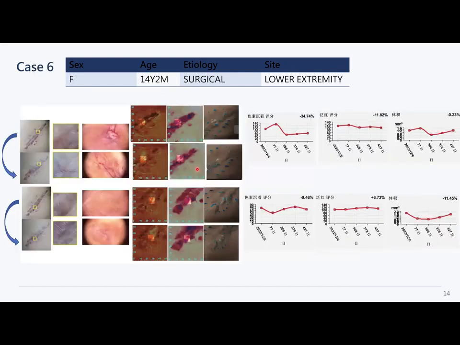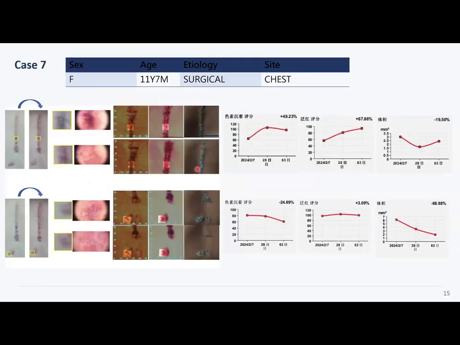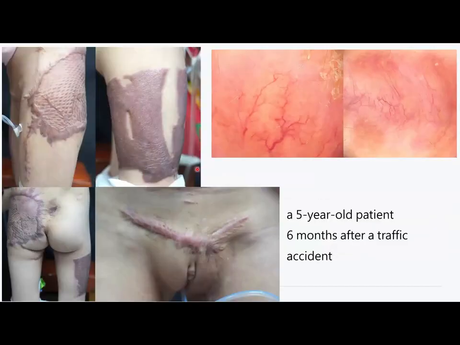So let's go through some of the hypertrophic scars we can see. We actually have quite a lot of this kind, though this one is not from my surgery.